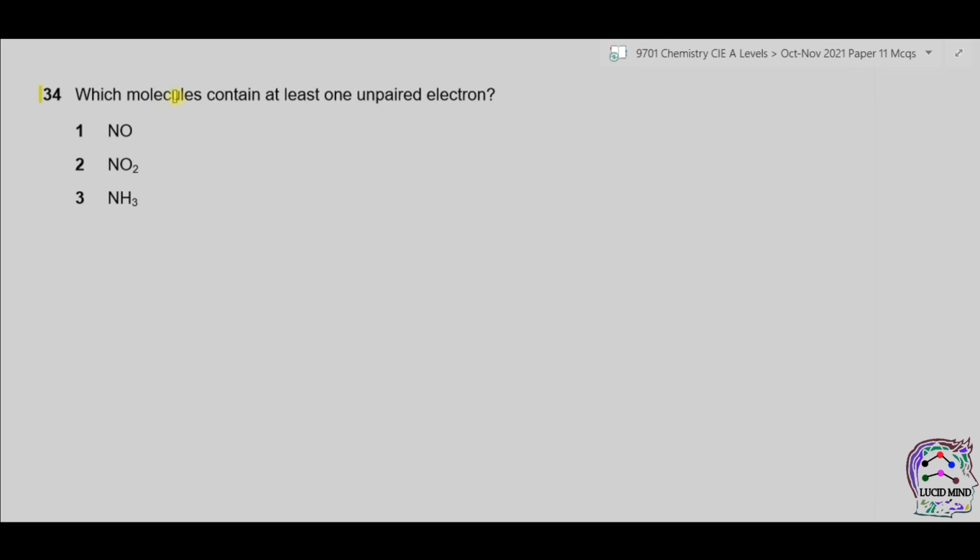Question 34. Which molecules contain at least one unpaired electron? Let's look into the structures. We have NO. Nitrogen has 5 electrons in the outermost shell, oxygen has 6 electrons in the outermost shell. So we have 5 electrons in nitrogen, 6 electrons in oxygen.